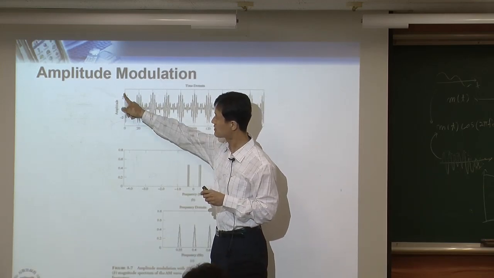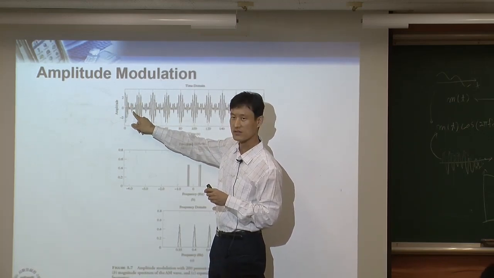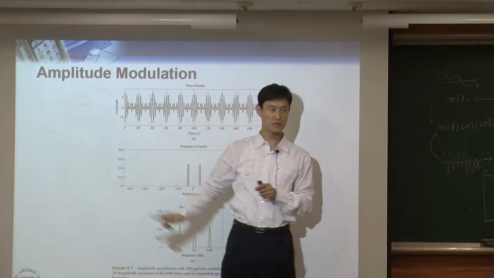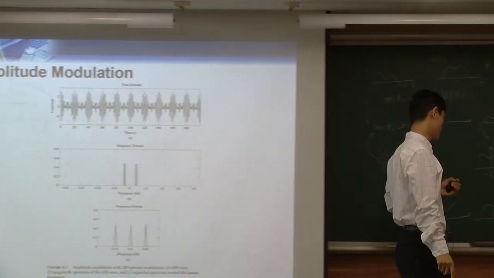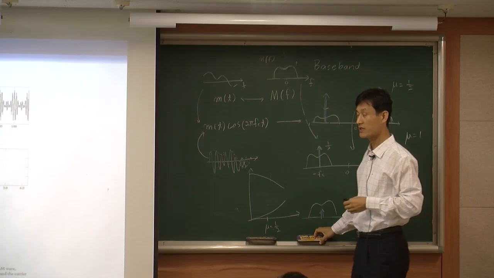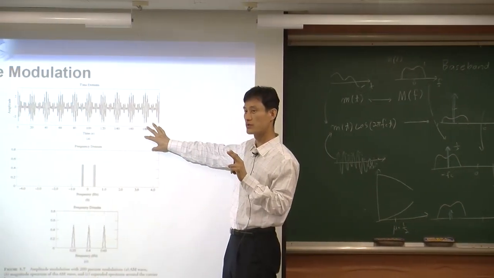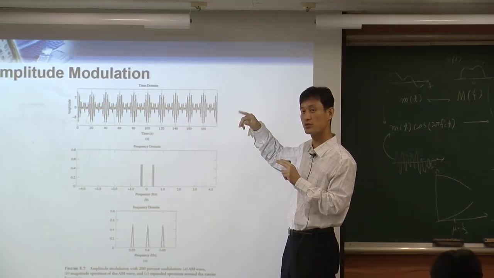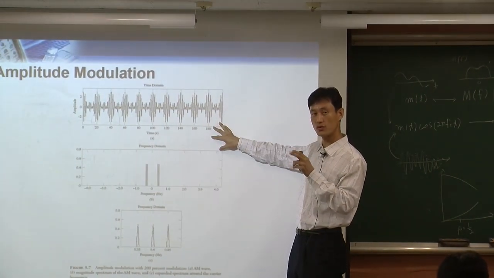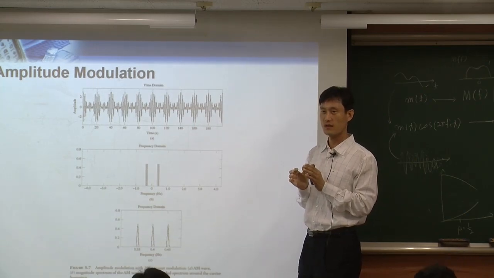Phase reversal, because the signal now goes down to negative. So when you see this phase reversal, now the problem happens. What's the problem? You cannot use envelope detection. So in this case, mu equal to 2. This is the case of mu equal to 2. When you use mu equal to 2, or mu higher than 1, okay?